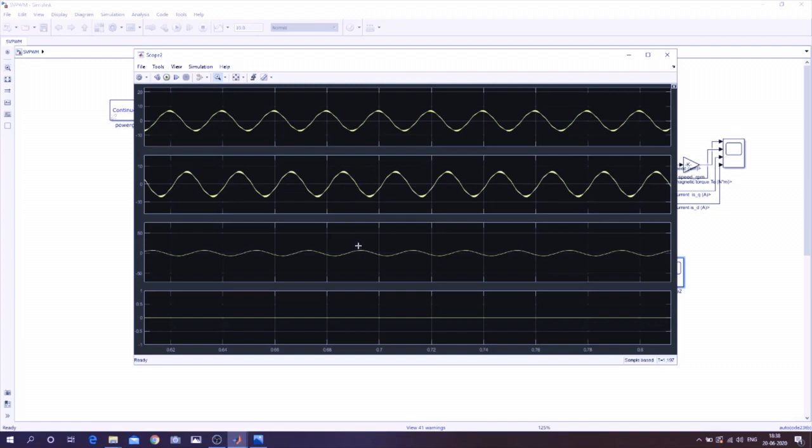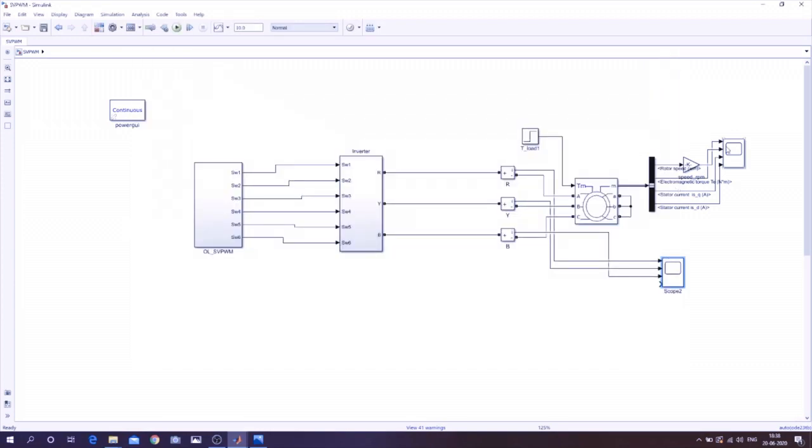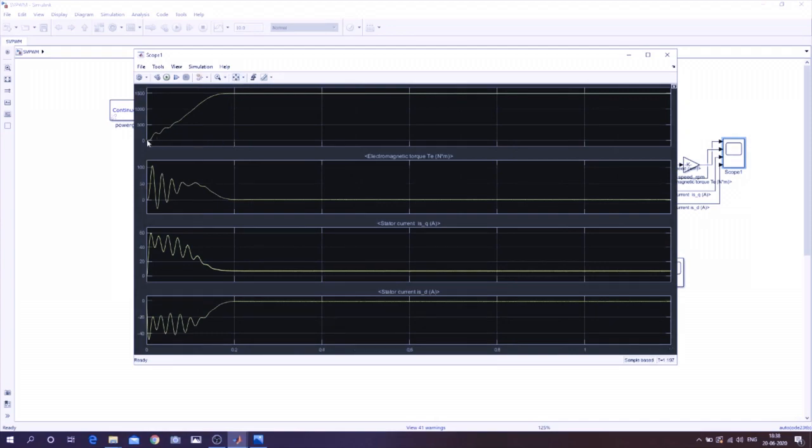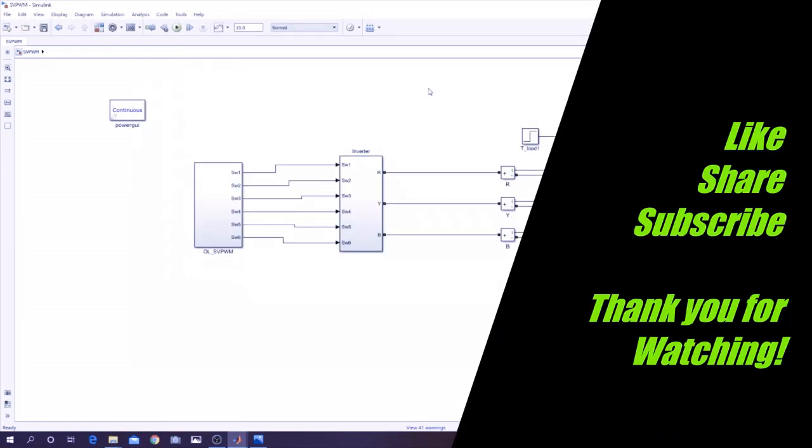Yes, the current waveforms are sinusoidal in nature, and you see that the speed is going up at no load speed, and also the torque is fine. Okay, so this is our SVPWM.